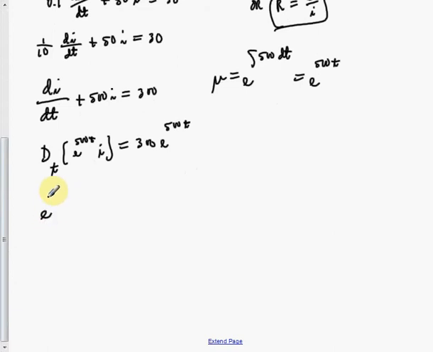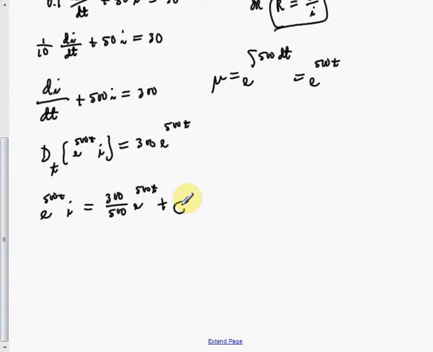So we get e to the 500t times I is equal to integrate that e to the 500t, you have to let u equal to 500t, and so then du comes out to be 500 dt. So basically you're going to have a factor of 1 over 500, right? So this is 300 over 500 times e to the 500t plus some constant.